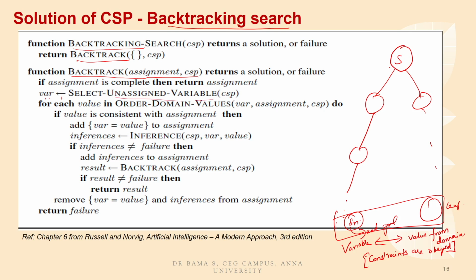It gets into this variable called var, and if it is consistent with the assignment, meaning that the constraint is obeyed for that variable, then we assign it and move on. But if there is a failure, it will go back to this backtrack and try again and again. So, this is a recursive function. We will go through this algorithm with an example and come back to it.